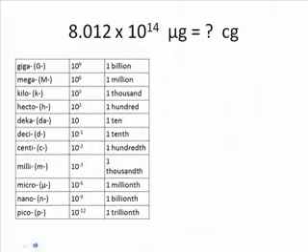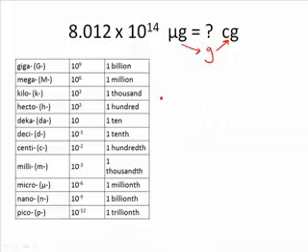Okay, let's look at another. What if we're going from a prefixed unit to another prefixed unit? Okay, well, the easiest way to do these and get the right answer is to basically go from one prefix to the base and then to the next prefix. Okay, because then we can use these values that are on this table.